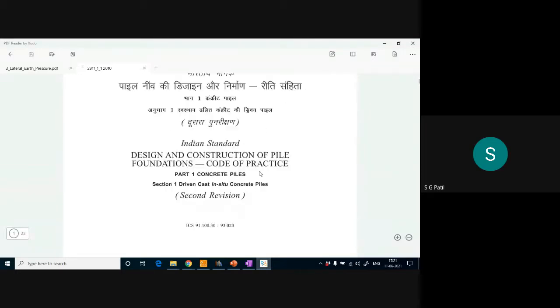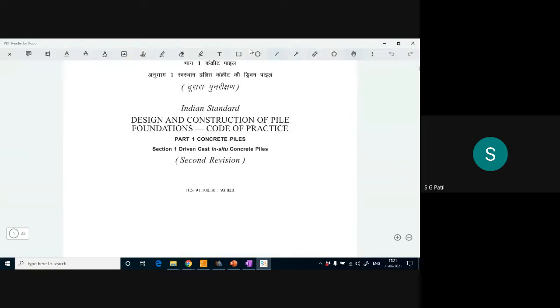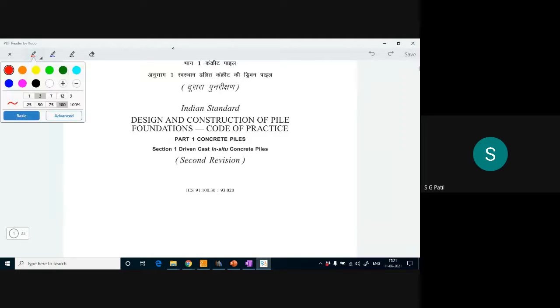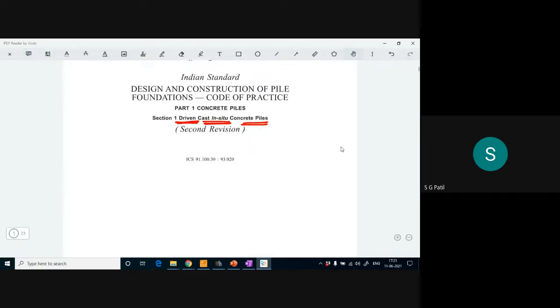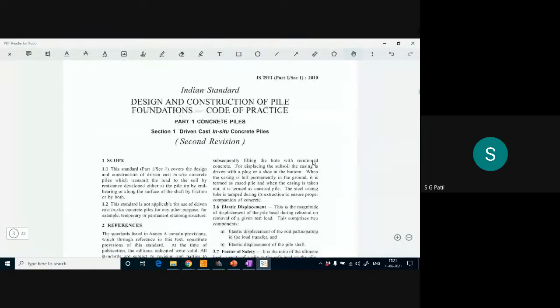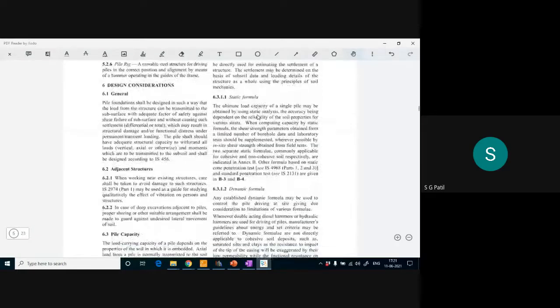This section 1 deals with driven cast in situ concrete piles. Anyway, these codes I will upload in the Google Classroom. You can download from there.